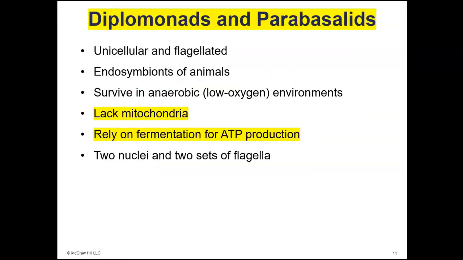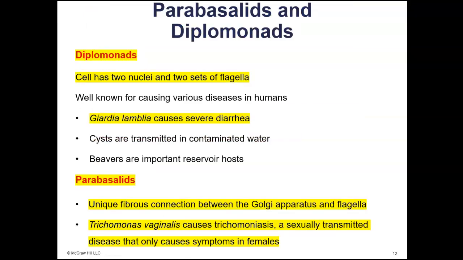For the excavates, I just want to focus on the examples. There are diplomonads, parabasalids, and euglenozoans. The diplomonads' primary example is the Giardia lamblia, which is a parasite that causes severe diarrhea, and it is contracted from contaminated water.